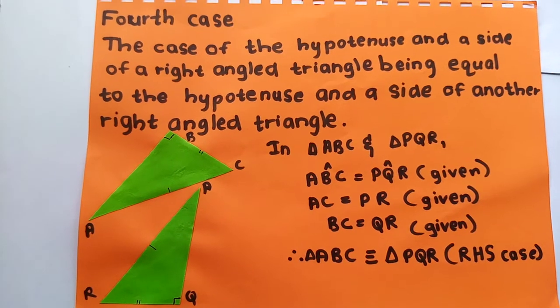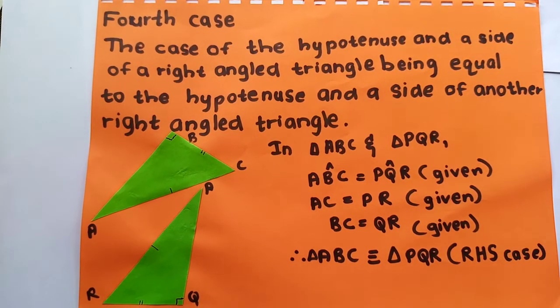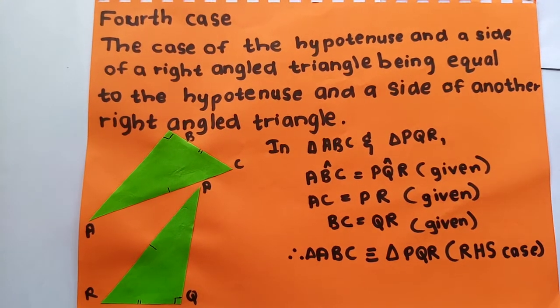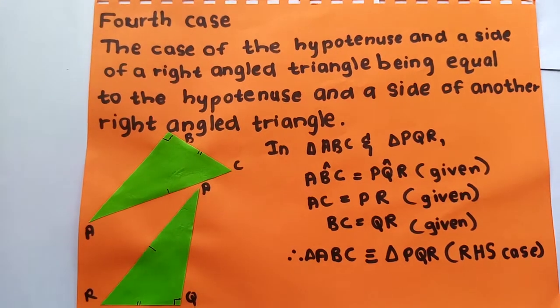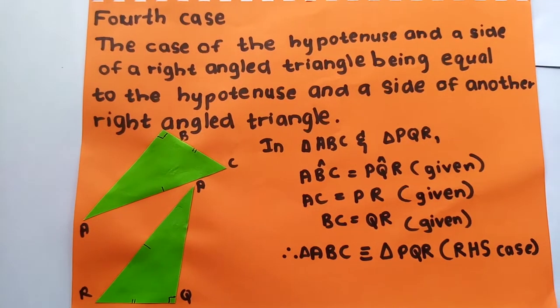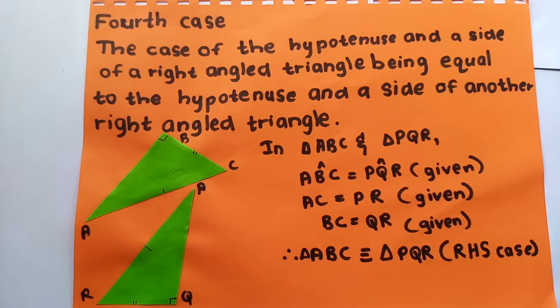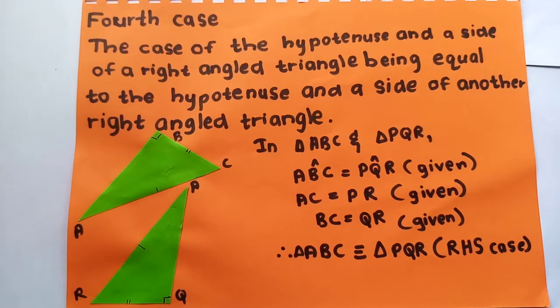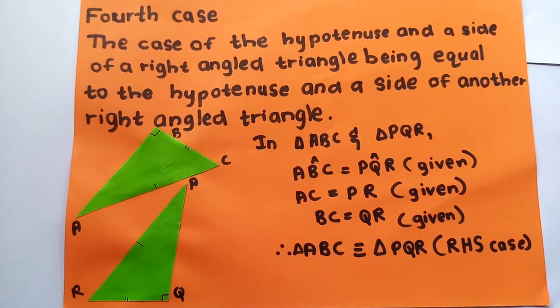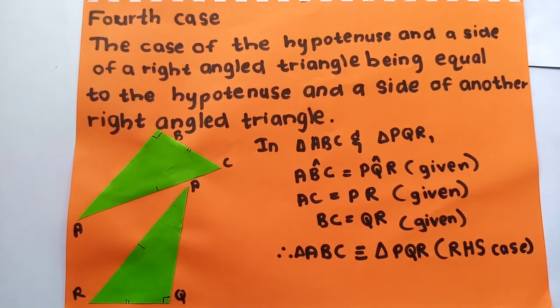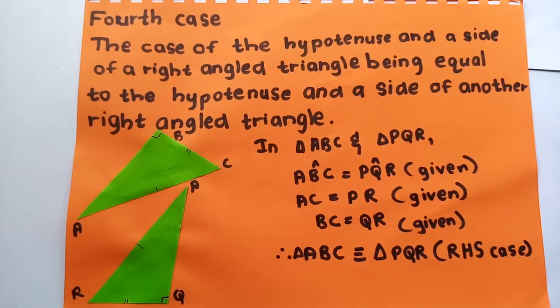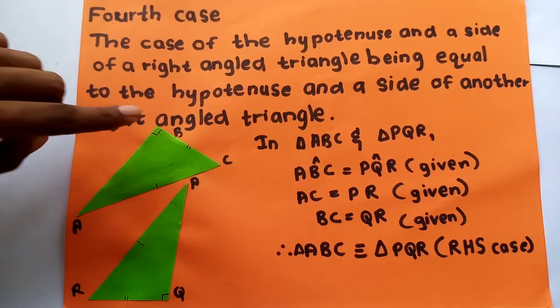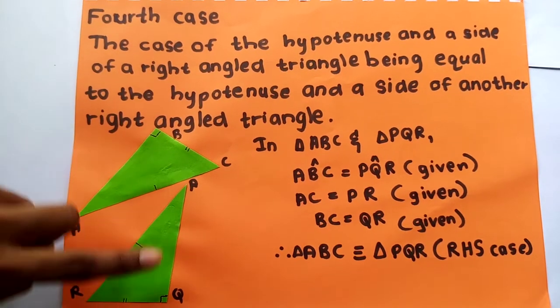Okay. Fourth case. The case of the hypotenuse and a side of a right angle triangle being equal to the hypotenuse and a side of another right angle triangle. In a right angle triangle, we know one angle should be 90 degrees. It is compulsory. So, we know this angle is equal to this angle.